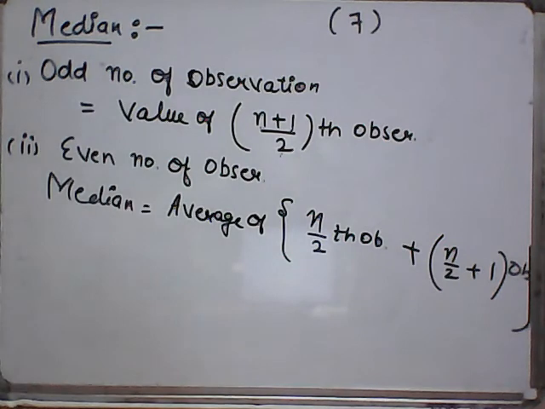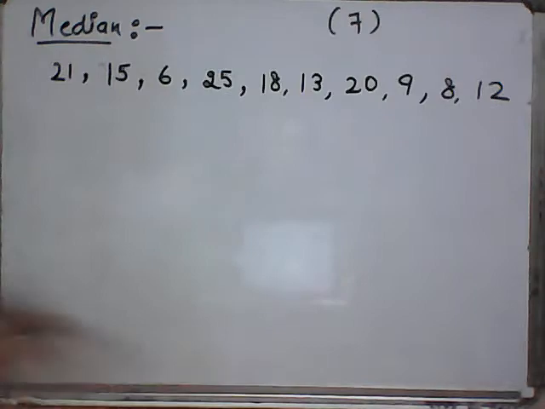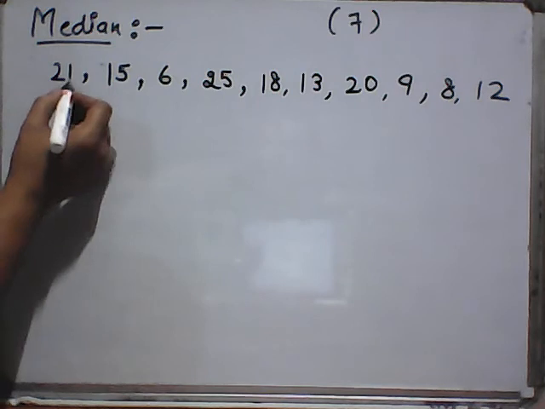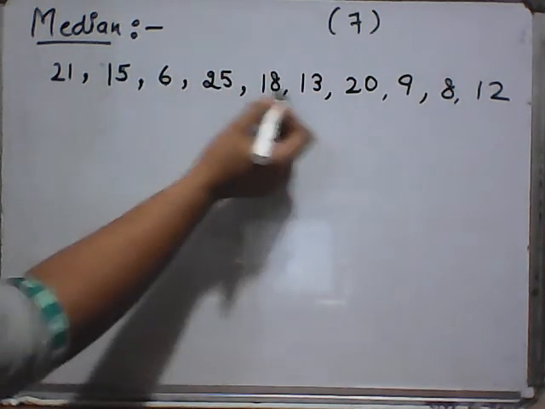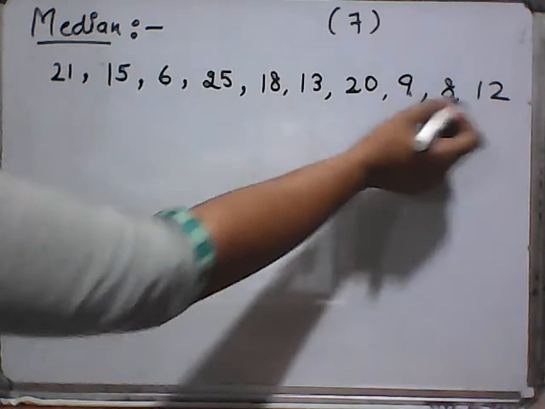Now we can solve this by using a question. You have to find the median of this data: 21, 15, 6, 25, 18, 13, 20, 9, 8, 12. How many observations do we have? 1, 2, 3, 4, 5, 6, 7, 8, 9, 10.